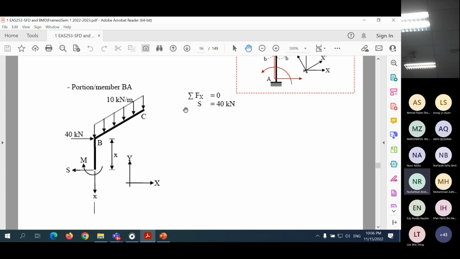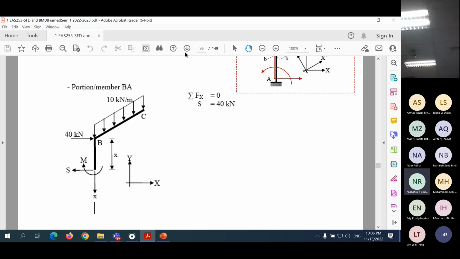We don't need to get this and this here. When you want to calculate the axial force, yes, we have to get this and this. But for this member, because the shear is like this, this one does not affect it. So we maintain this in the vertical direction. So we get the shear equal to 40 kilonewton.